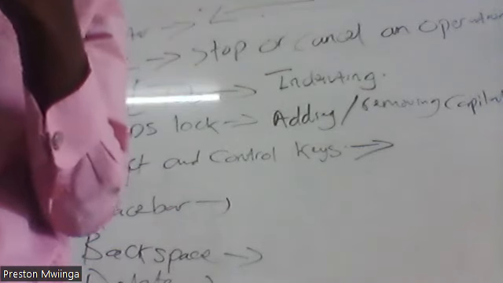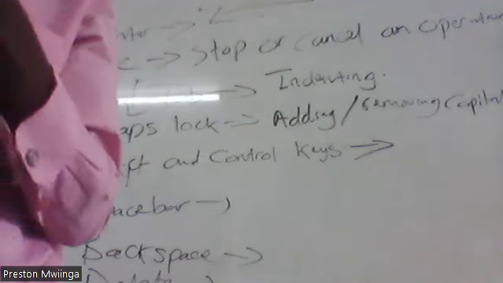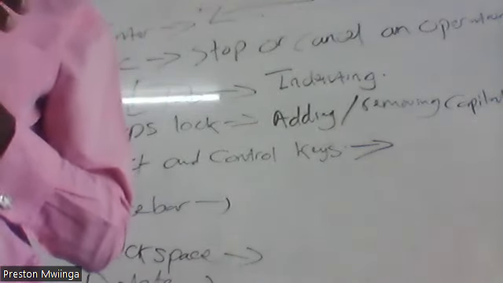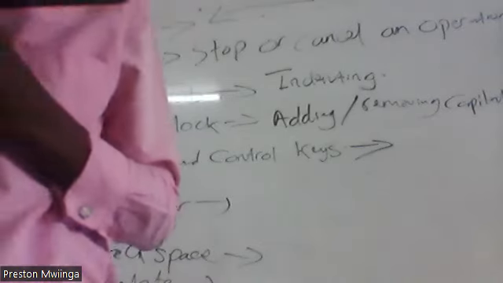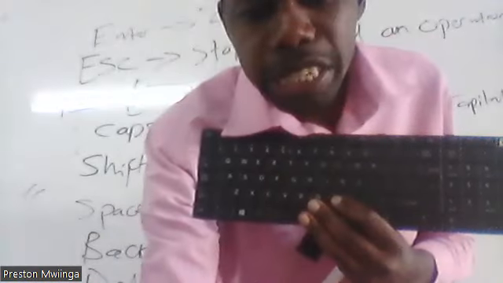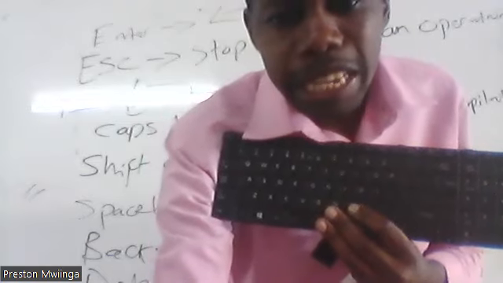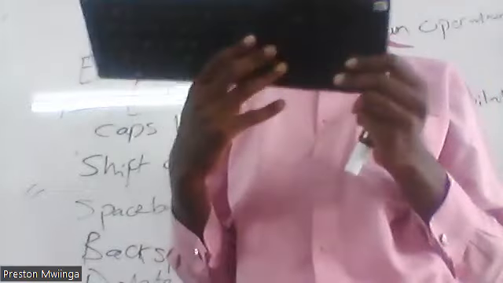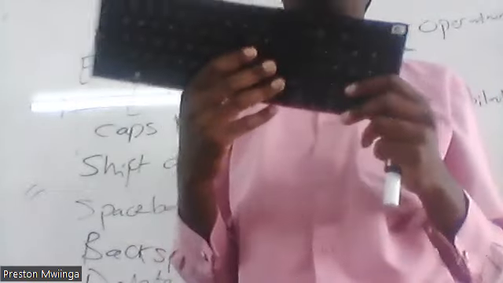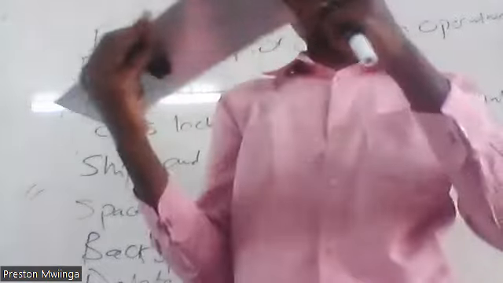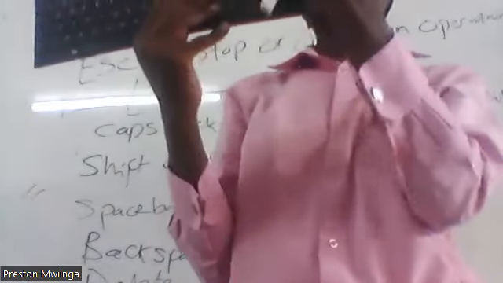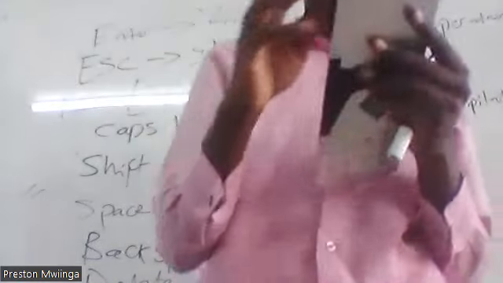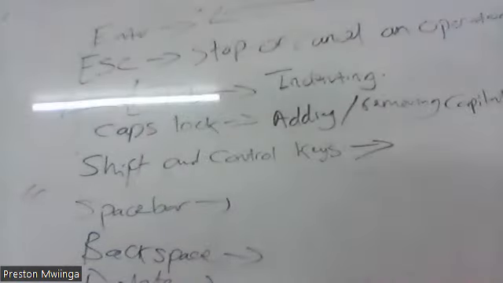When numlock is on, it simply means the numerical keypad is active, and when numlock is off, it means the numerical keypad is locked. So when it's locked, you can't use these numbers here. When it's locked, it doesn't mean it's spoiled.